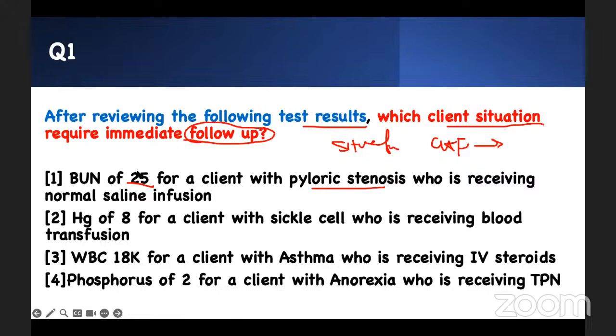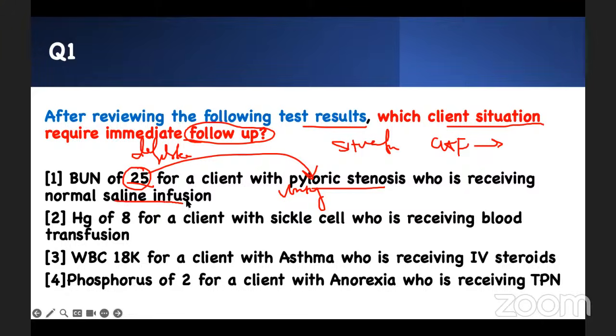Your BUN is what? 24, 25. If your BUN is 25, why? I have pyloric stenosis. Why? Because probably I'm vomiting. Diagnosis. Therefore, I'm dehydrated. If I'm dehydrated, I'm receiving normal saline.